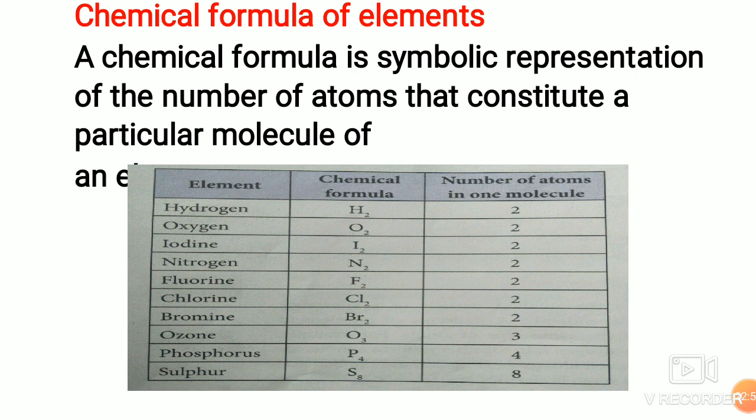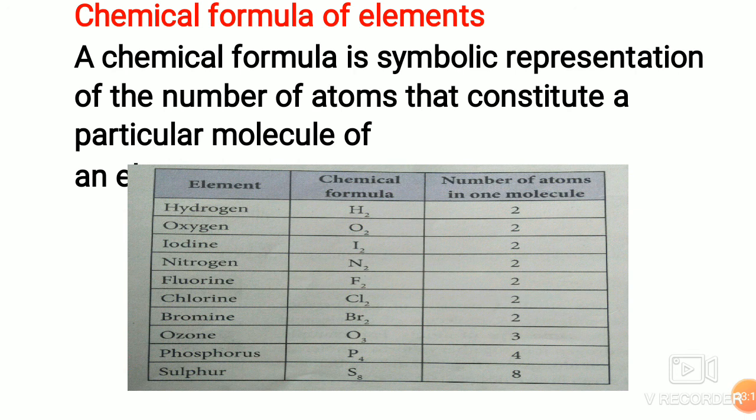So what is this? Now let me tell you, these are kind of molecules, right? We are having different kind of molecules. These may be monoatomic, diatomic, triatomic and polyatomic. Molecules that contain only one kind of atom, these are monoatomic. Molecules that contain 2 atoms are known as diatomic.